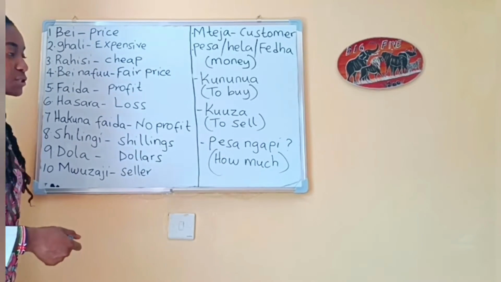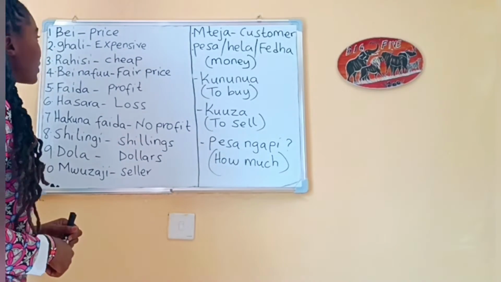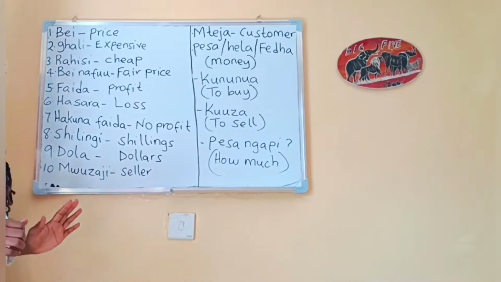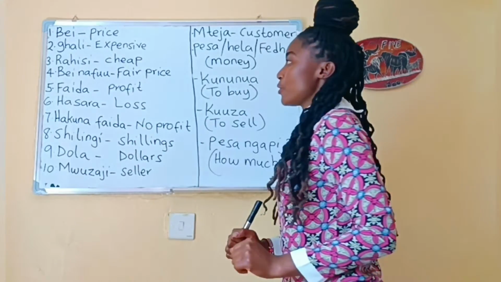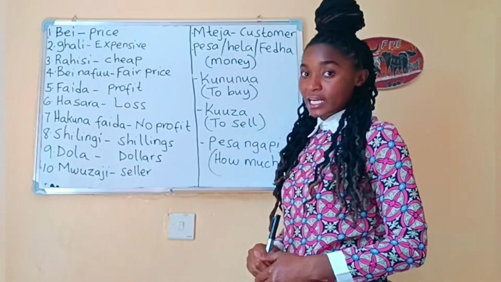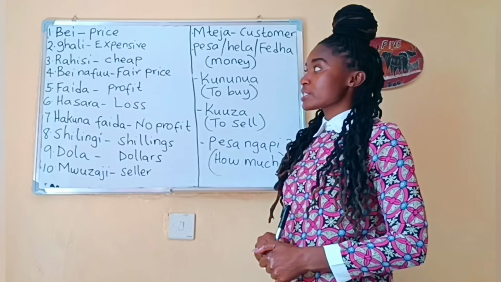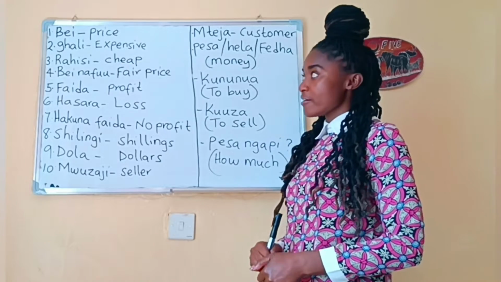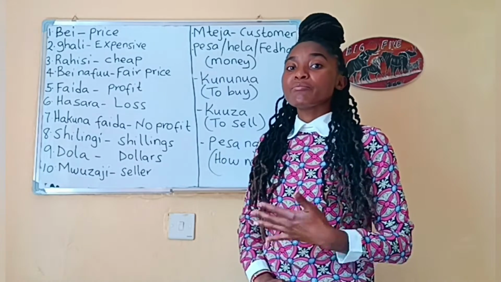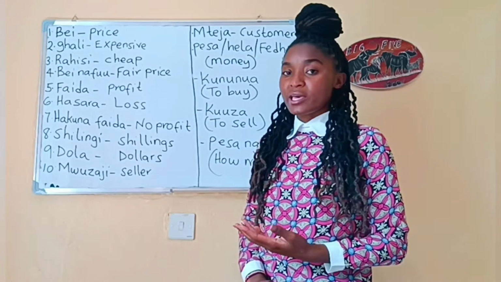Let's start with the first one that I have. So the first word is bay. Okay, let me stand this side. I hope everybody can see the board. So the first vocabulary that I have is bay. B, bay, okay?